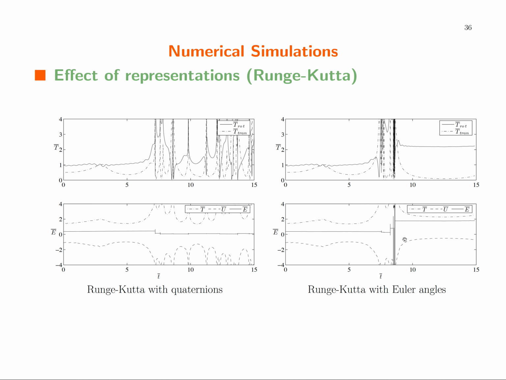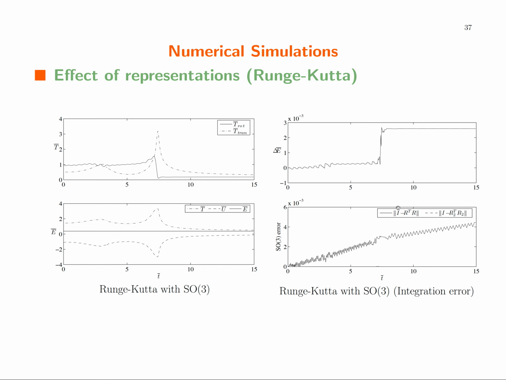In a sense, this is due to the fact that the coordinates associated with Euler angles exhibit singularities, and so as you have very substantial rotations, the conditioning of those coordinate charts becomes very poor, and that manifests itself in these kinds of numerical errors.